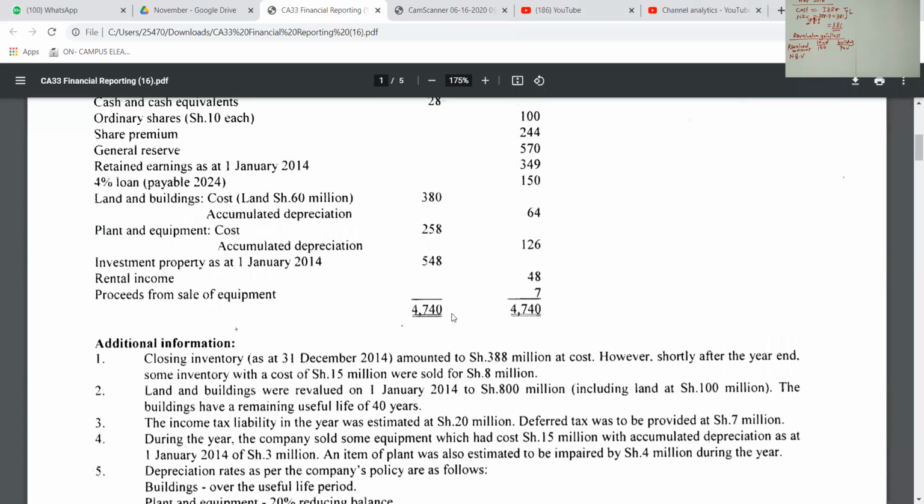So the net book value of these assets is, you can see land and building are given here, whereby the cost of the land is 60, which I said, obviously, land is stated at cost. The total value was 380, so the one for building is 380 minus 60, which is 320.